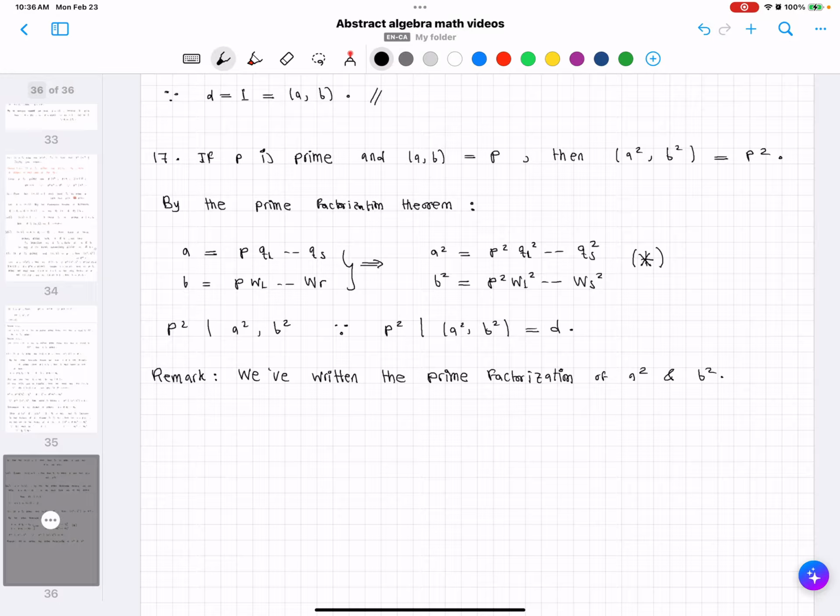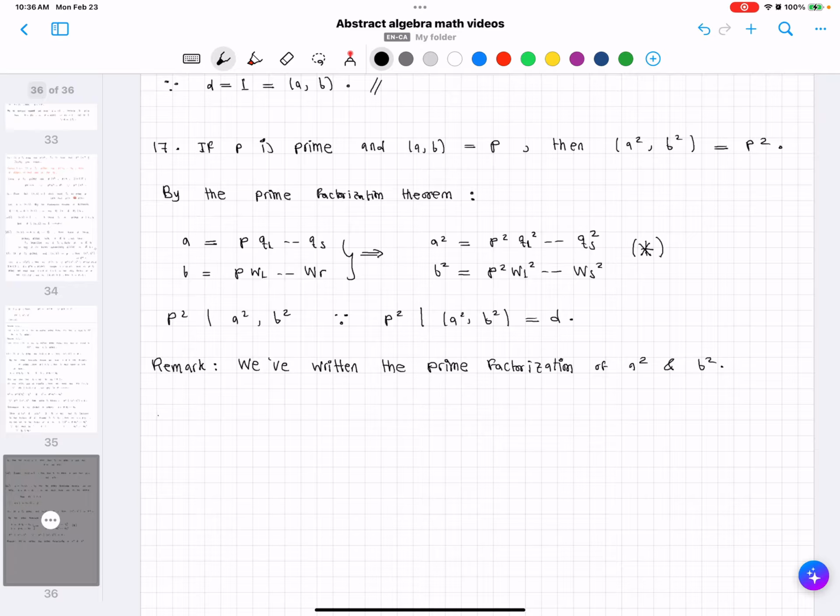So apply the prime factorization theorem again and write D as a product of primes. So D is equal to, as P squared is one of its factors, P squared times P1 up to Pk.